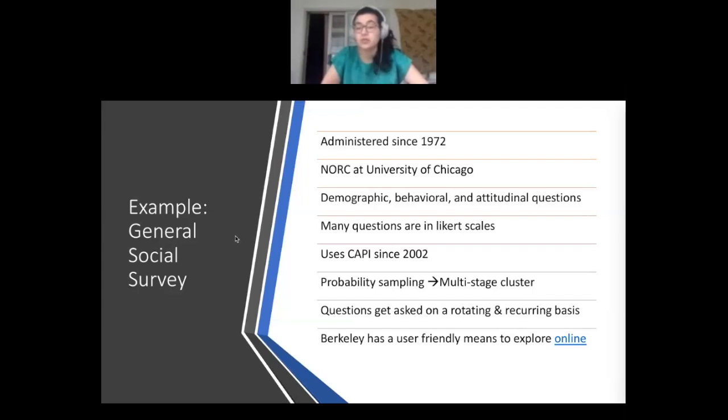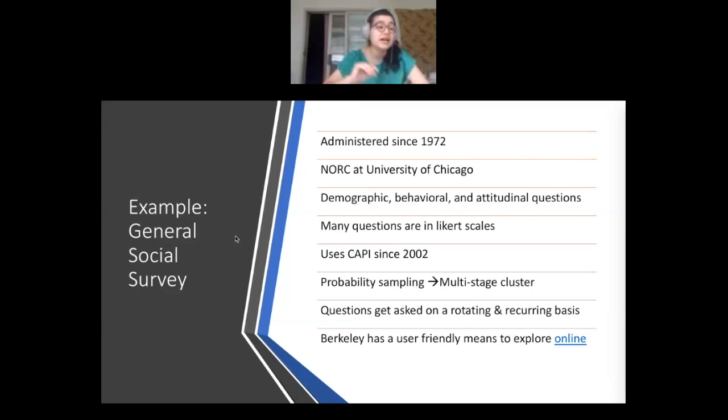There's a variable called HelpCrim, which is how effective do you think the US response is to preventing crime, and people answer very satisfied, not satisfied at all, and how satisfied they are with the US's response to crime. So you can analyze what types of people are more likely to respond to that, and also other demographic behavior and how that influences people's responses.